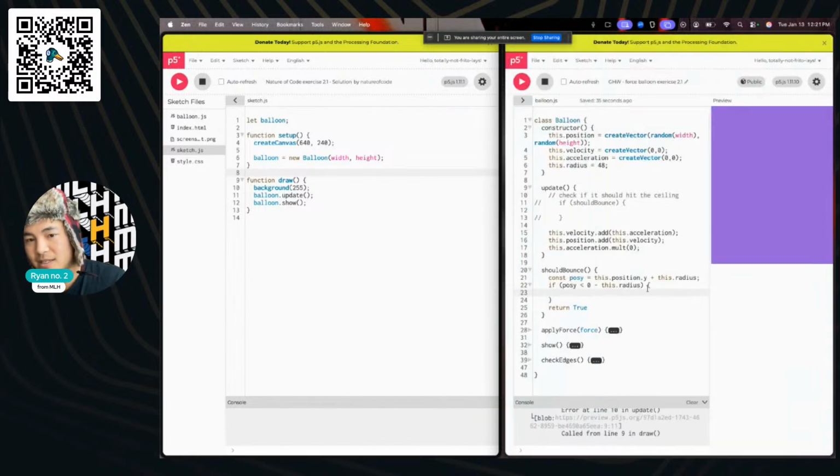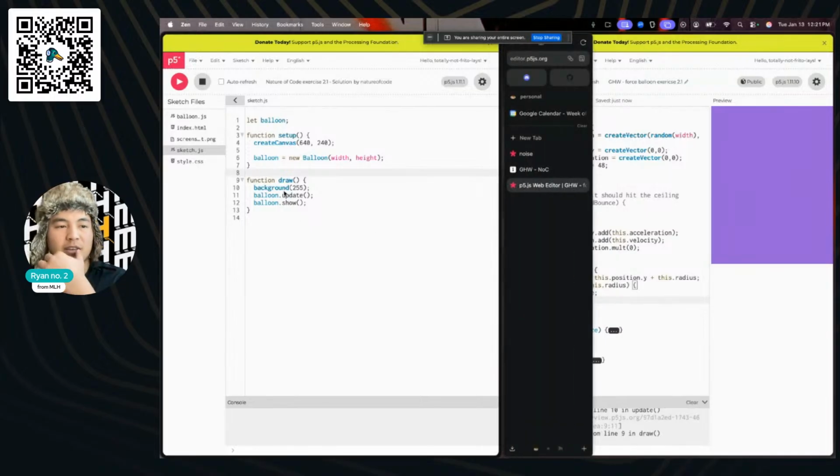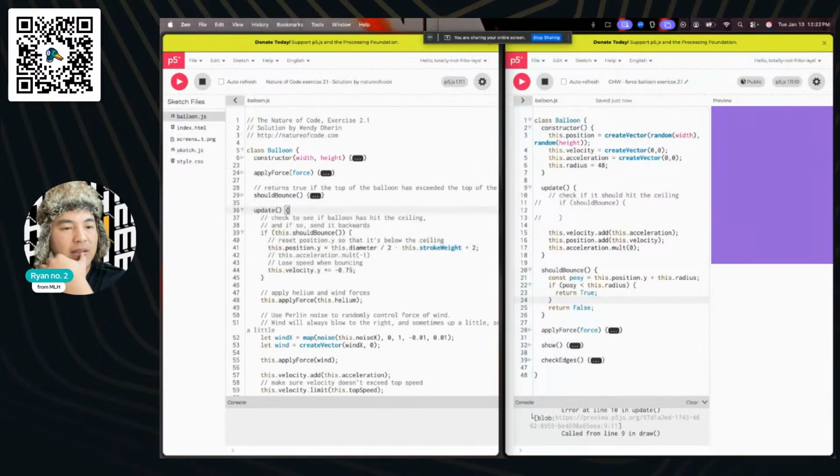If it is less than the positive radius, then this is where we need to return true. Otherwise, we will return false. I think that makes sense. Let's see if we got that right.